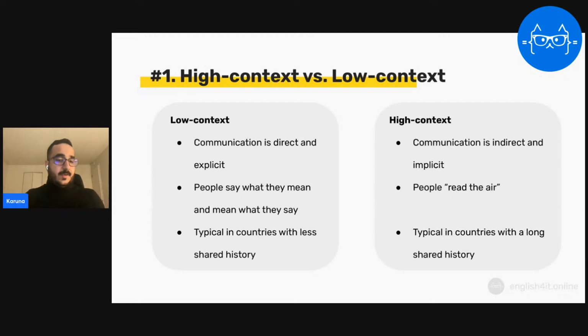Low context cultures, on the other hand, are cultures in which communication is a lot more direct, a lot more explicit. You spell things out, you say what you mean, right? And these countries, or these cultures rather, tend to emphasize directness more than maintaining the hierarchy, right?